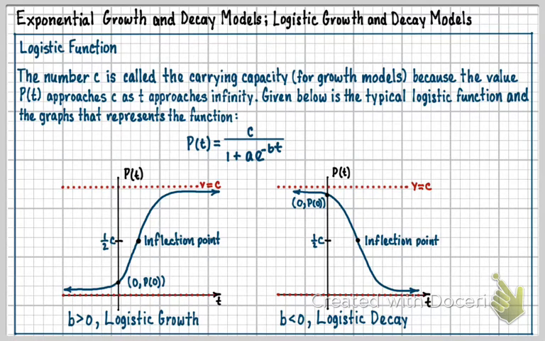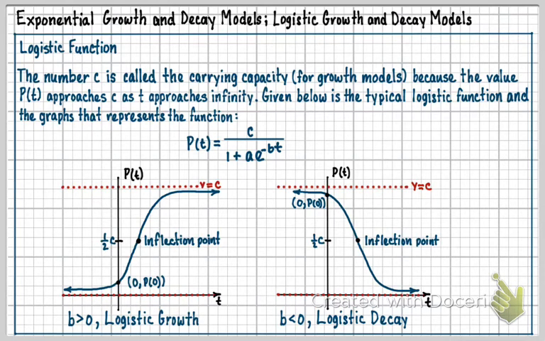We also have a logistic decay, where as it increases, it's going down to 0 down here. And when we talk about going to a certain number, we're talking about the y values of these functions. So this y value here is going to 6. This y value here is going to 0 as t goes to infinity.